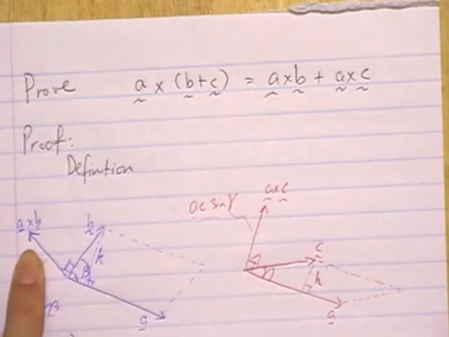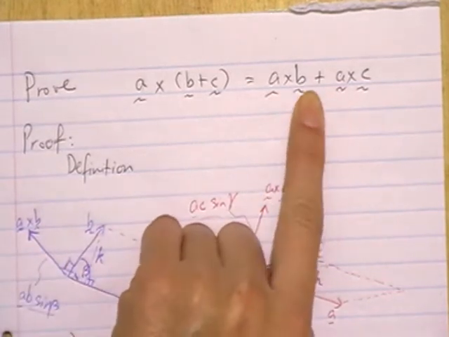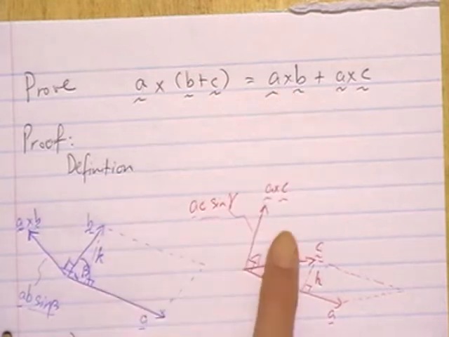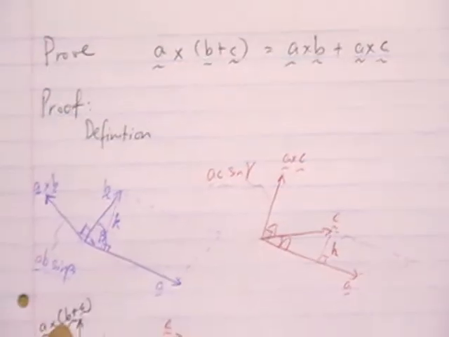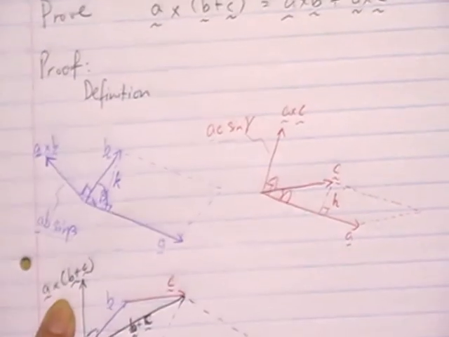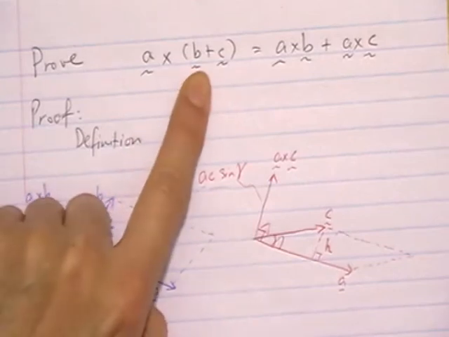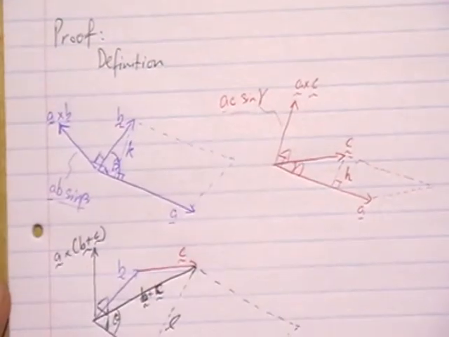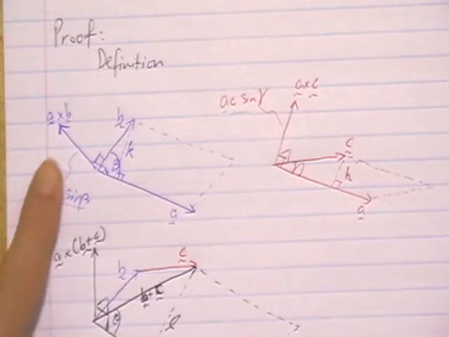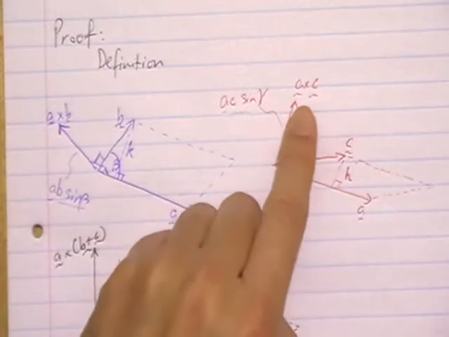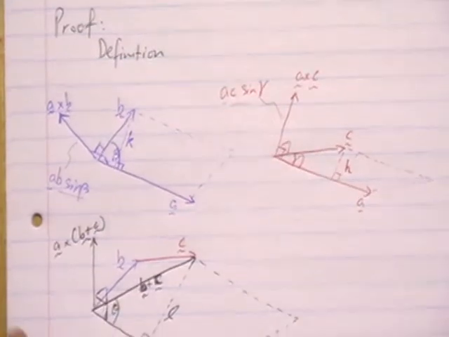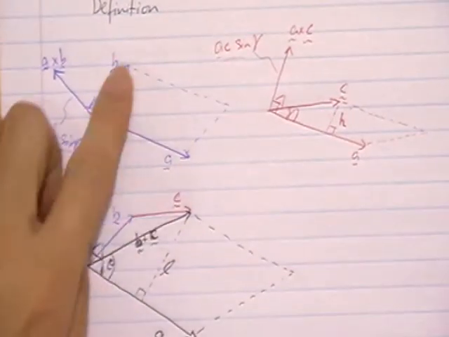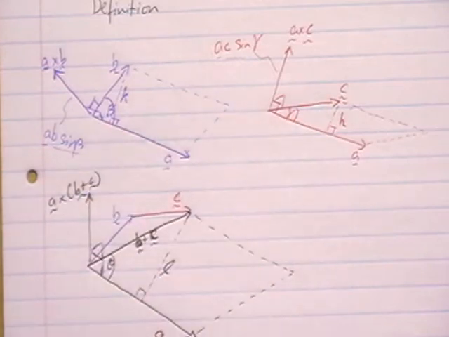So this is that one, this is that one, and this is that one. Okay, so the aim now is to show that this vector plus that vector must somehow be equal to this vector. And I shall try and do it using these pictures that I have sketched.